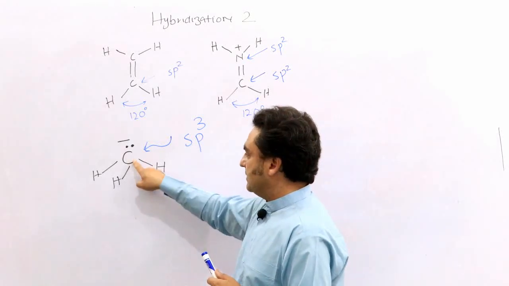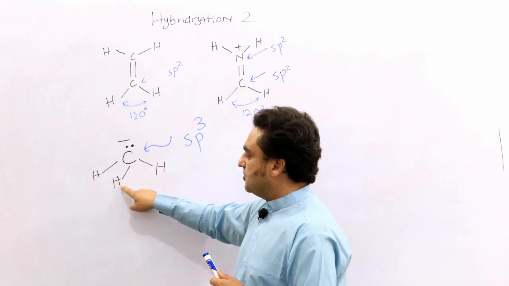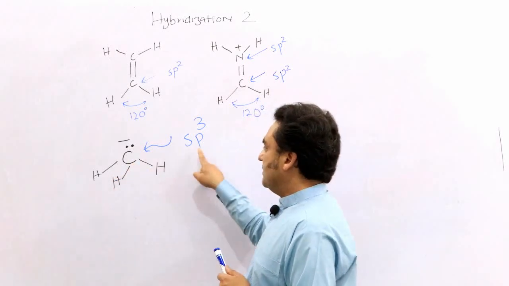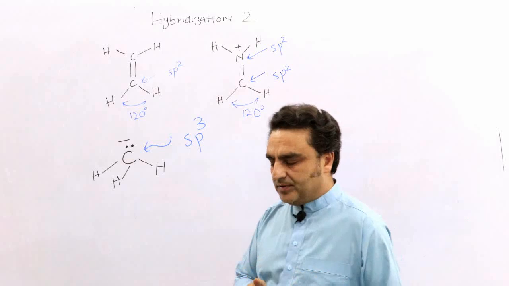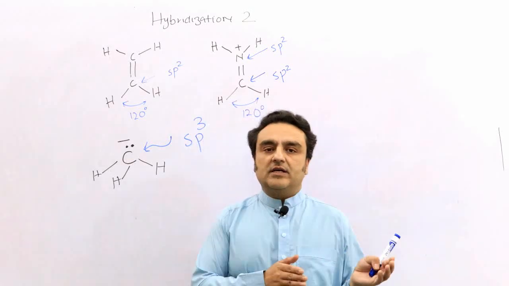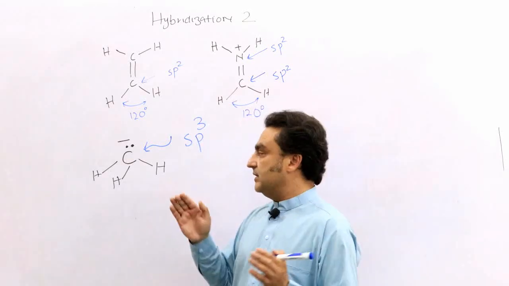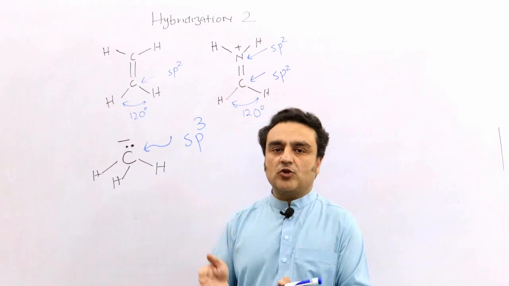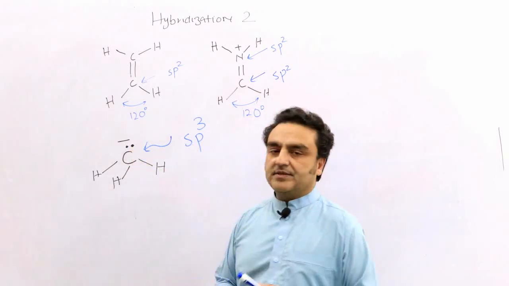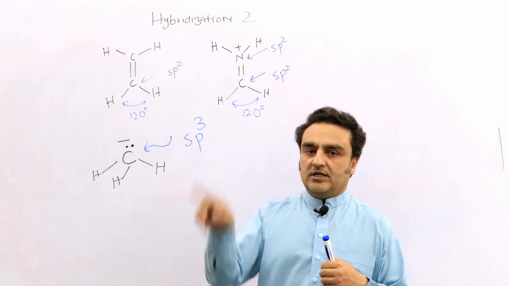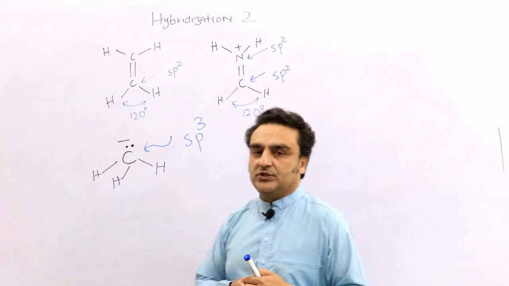So this carbon forms bonds with 3 hydrogens by using its sp3 hybridized orbitals. And there is one sp3 hybridized orbital left, in which the carbon atom puts its lone pair of electrons.